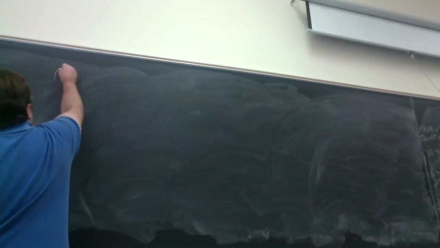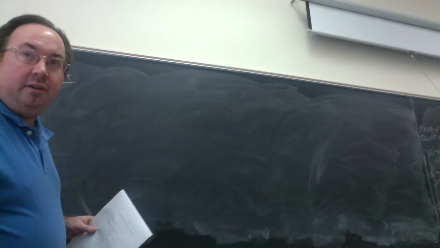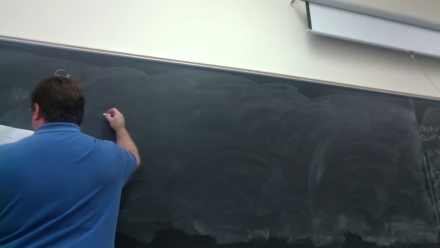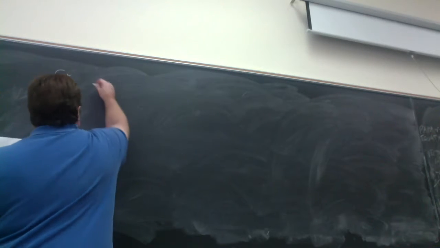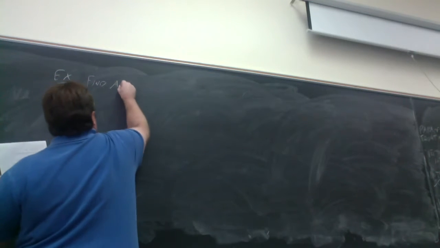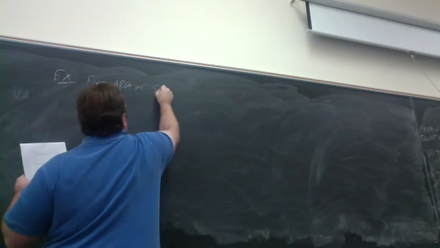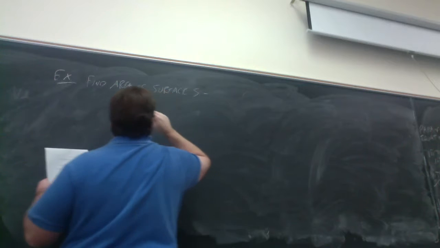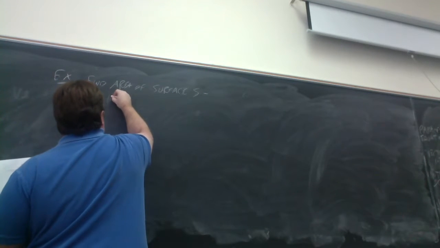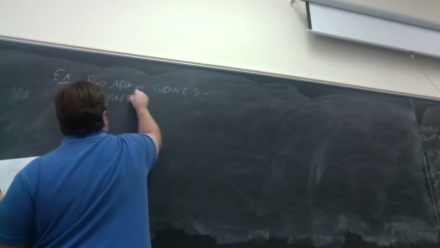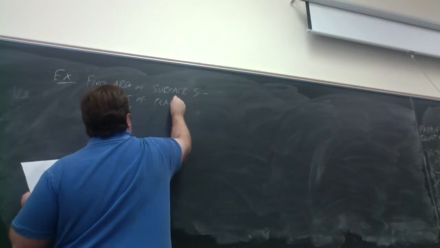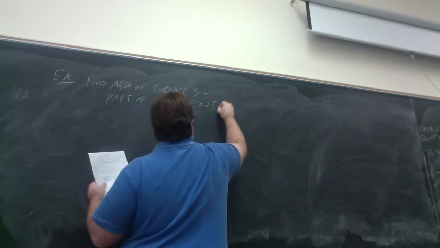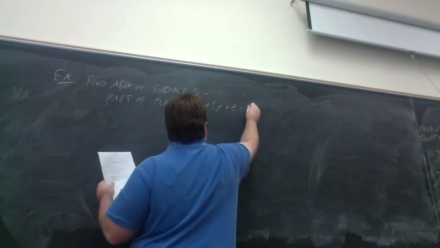Okay, so an example involving area of a surface. So we have a surface S, and the way it's described in words is it's a part of a plane 2x plus 5y plus z is equal to 10.